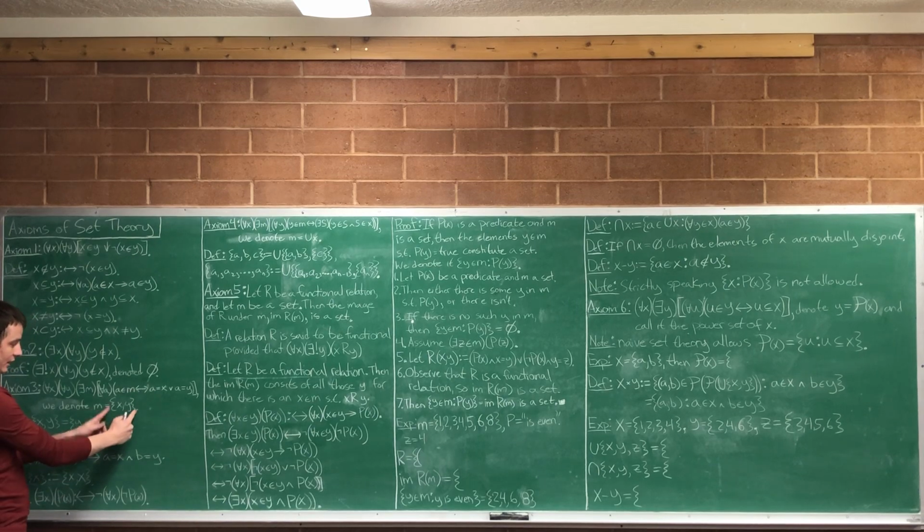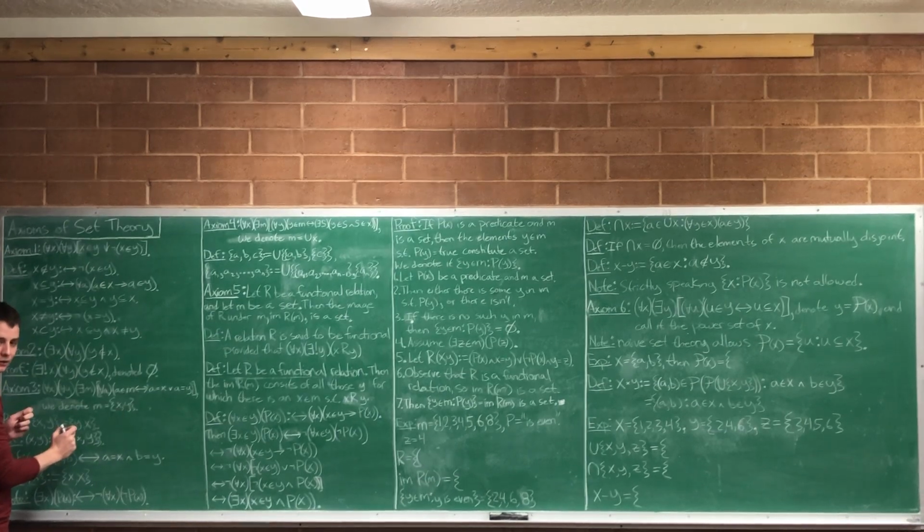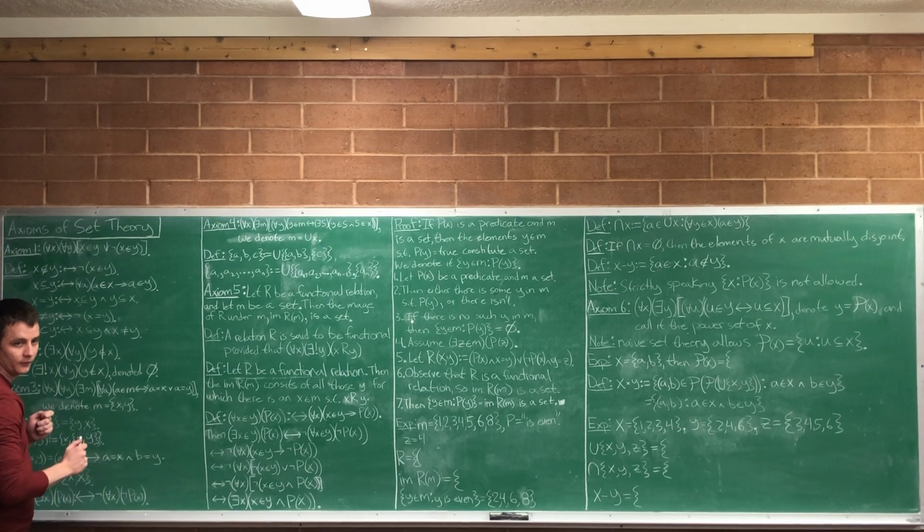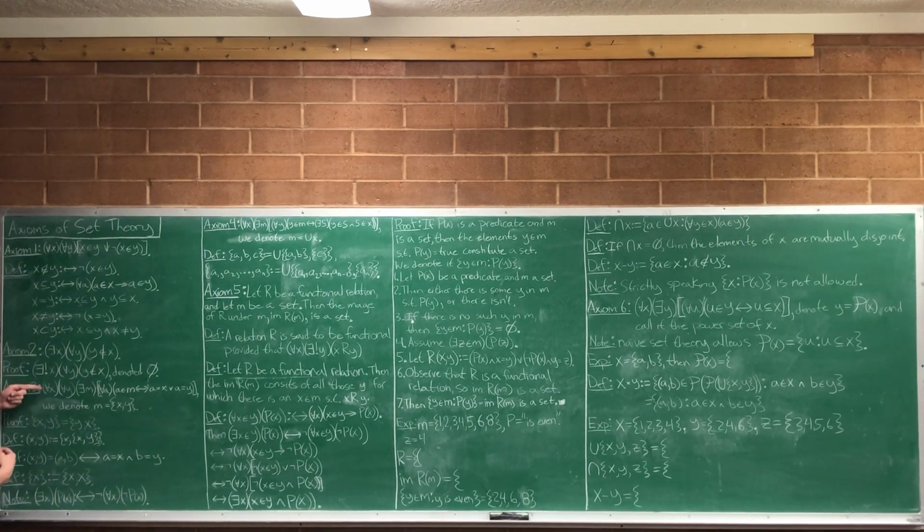So for any two x, y, there exists a set m such that a being in here implies a is equal to x or a is equal to y. Well, not just implies, if and only if. Good? We understand this dense notation here? Those of you who took logic I'm not worried about, but the rest of you?